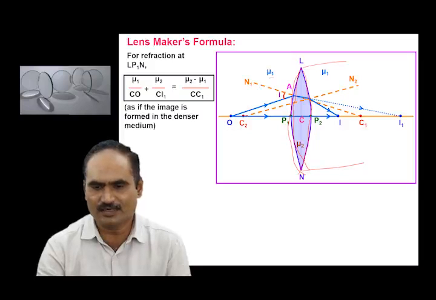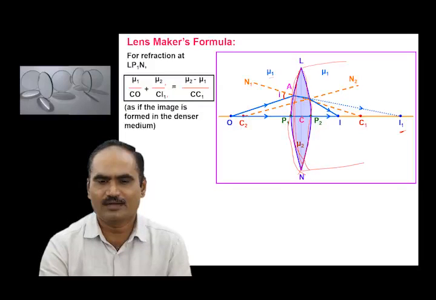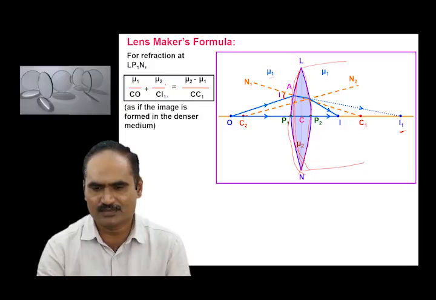Similarly, the image distance for this surface is CI1. So we write mu2 by CI1, and mu2 minus mu1 by CC1, where CC1 is the radius of curvature for this surface.